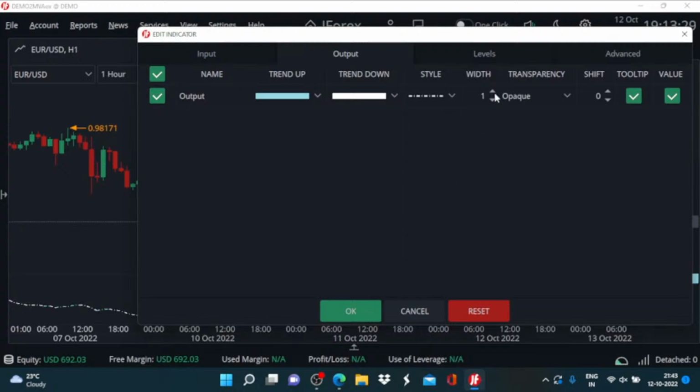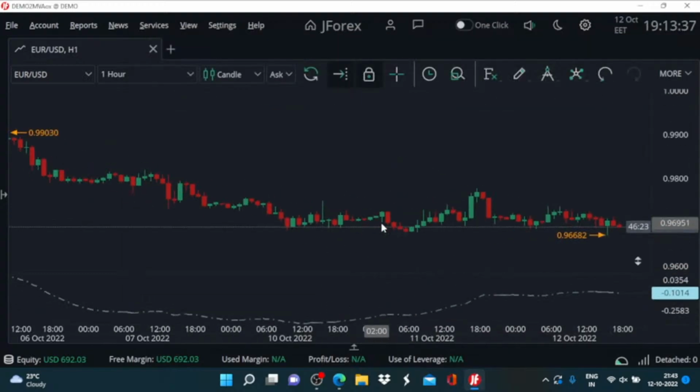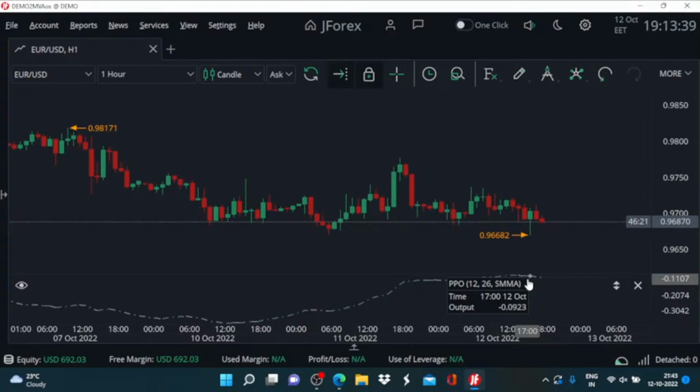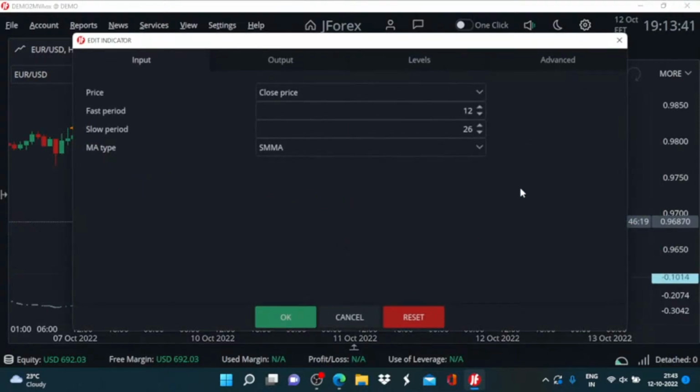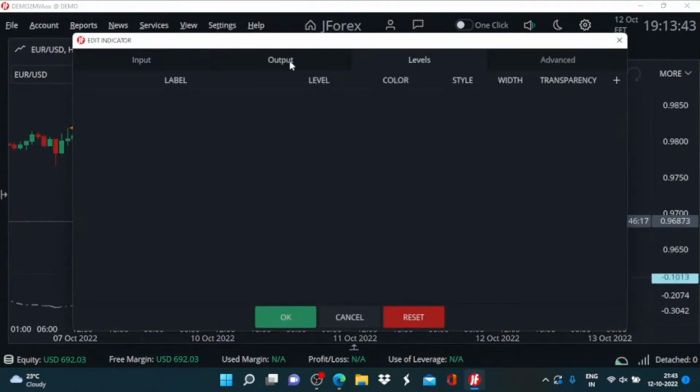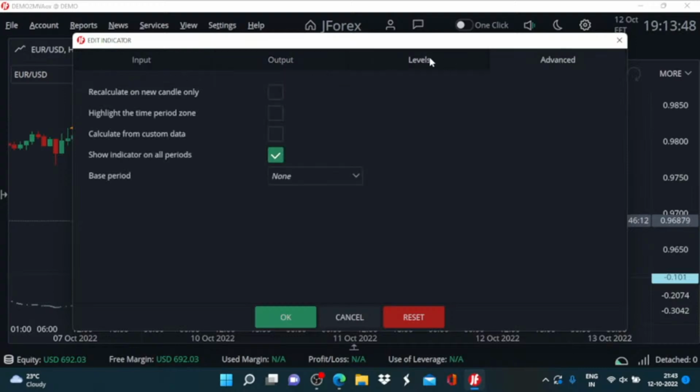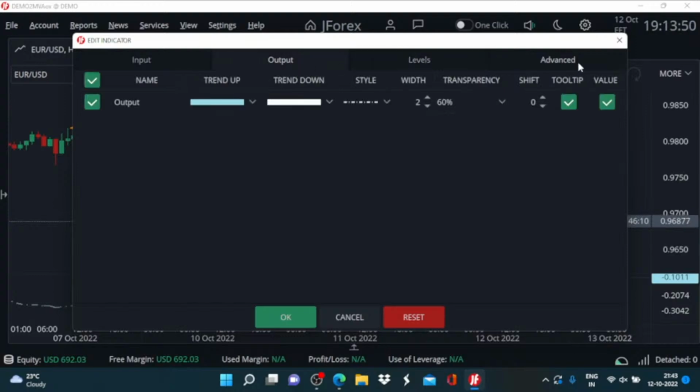Width, you can increase or decrease the width. Transparency factor can also be varied. So all these options are there. Advanced levels, we don't really have any.